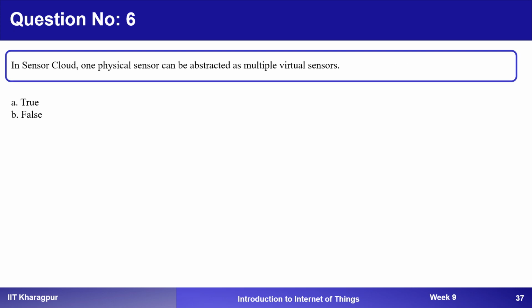Next question is, in sensor cloud, one physical sensor can be abstracted as multiple virtual sensors. True or false? Option A, true.